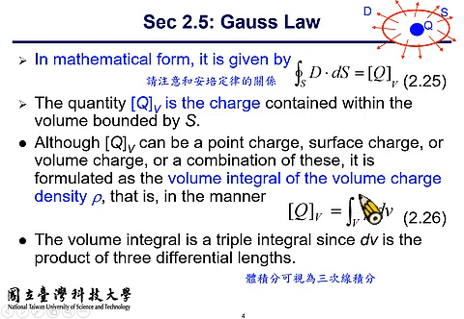It is written as the volume integral of rho, that is the electric charge density, over the region V. The volume integral is a triple integral, since dV is the product of three differential lengths. One thing I need to remind you is that in the line integral, the differential length itself is a vector, dl is a vector.